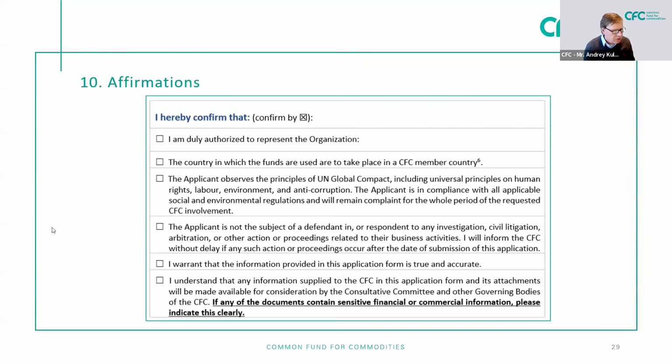The only thing that we need to see is a viable operational model that can receive and repay CFC financing. The term of financing is up to 5, in some cases 7 years, and the interest rate will be determined based on the central bank in the country where the project is operating, plus a certain addition for the specific risk of the project.